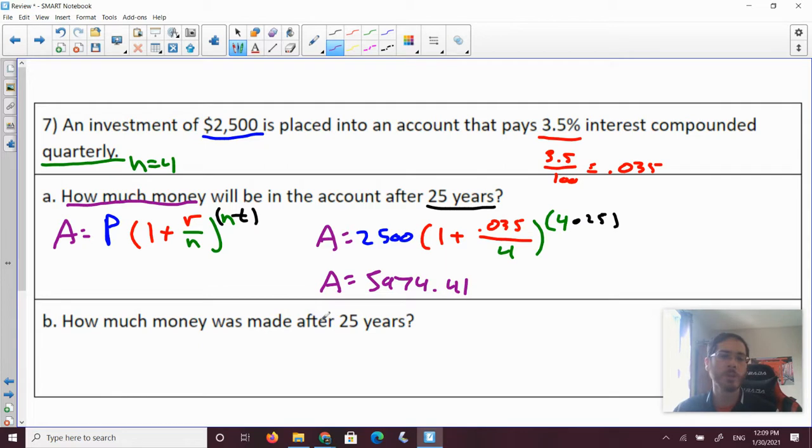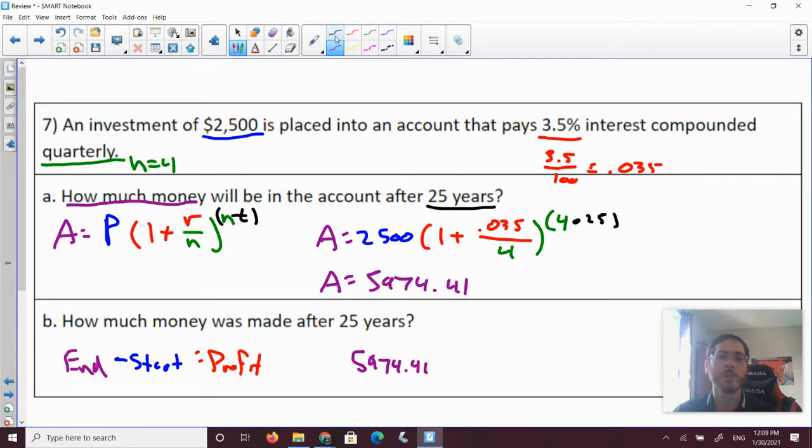Part B asks how much money was made after 25 years. Well, to find out how much money we made, we know how much we have at the end, and we know how much we had at the start. So if we subtract those, that's going to give us our profit, because sometimes that's more important than the final number, is finding out how much profit we actually make.